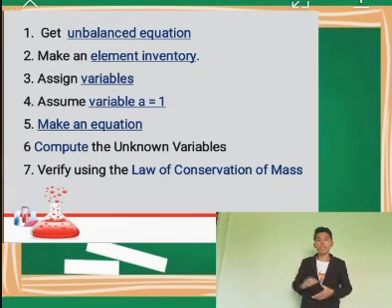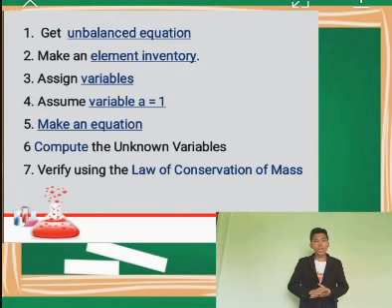Number three, assign variables. Four, assume that variable A is equal to 1. Number five, make an equation. Six, compute the unknown variables. Number seven, verify using the law of conservation of mass that the equation corresponds to the law of conservation of mass.